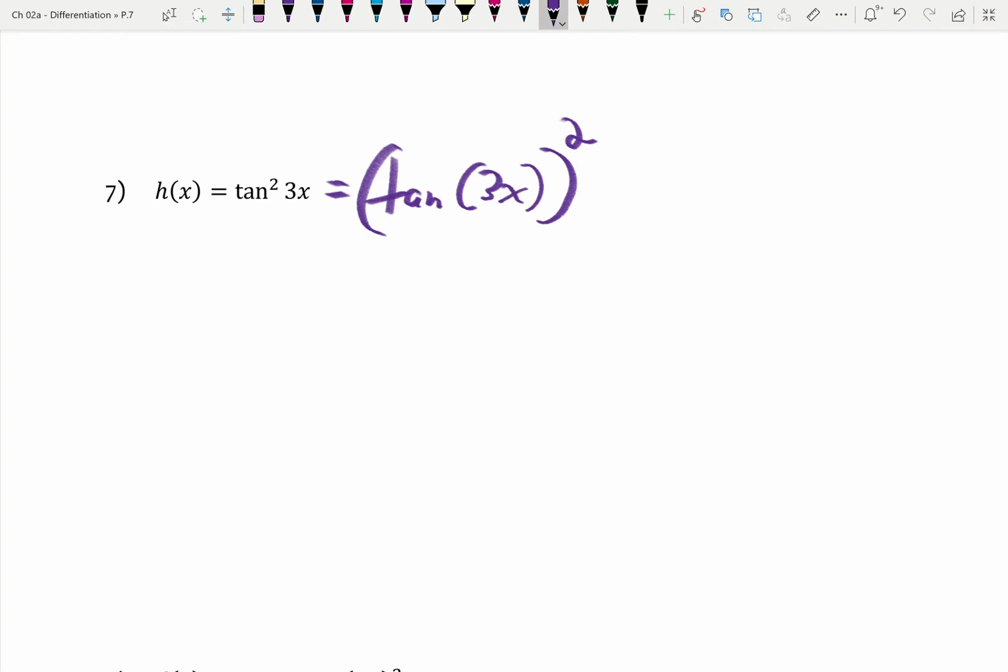The square happens last. So first, I'd like to think about nesting functions like you are x. What is happening to you? What's your experience? What's your lived truth? You're being multiplied by 3. That's transforming you. Then you're being made the tangent of that. That's transforming it again. Then it's being squared.